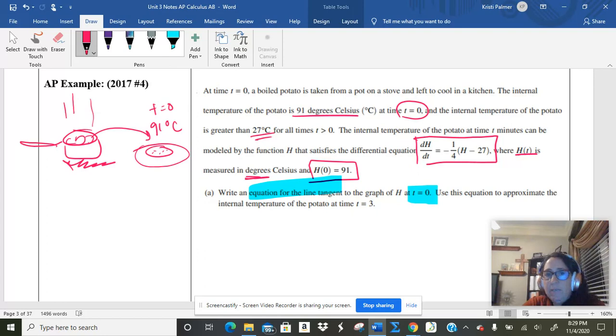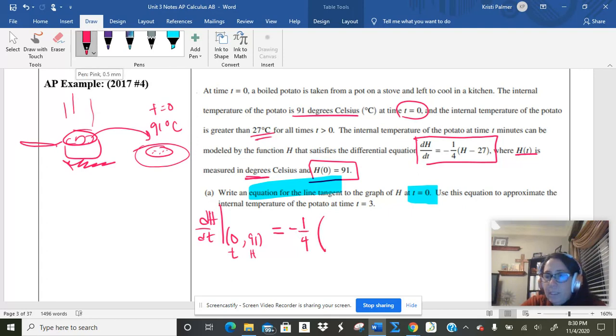So I know I'm going to have to get my slope. So I want dh dt when my t is 0, that means at this point, 0, 91. So this is kind of like at t and at h from what they have going on. So we're going to plug that in to our equation.